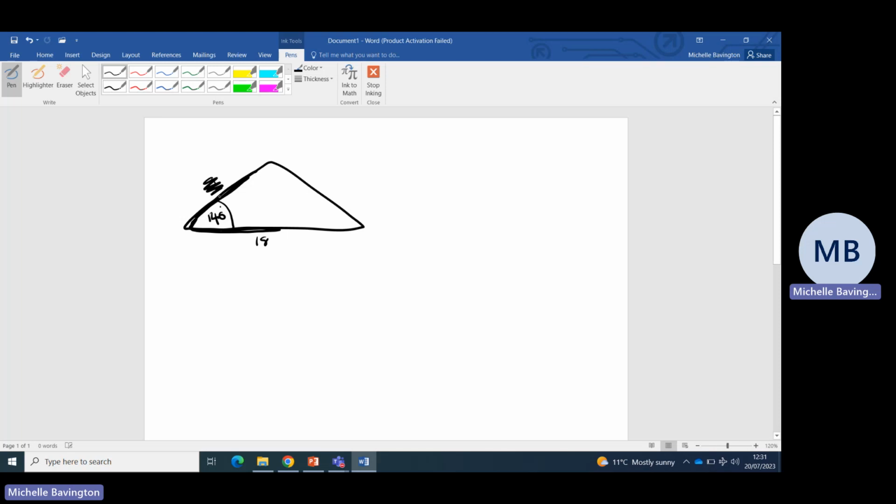Or we could use it if we were looking for an angle and we knew all three sides.